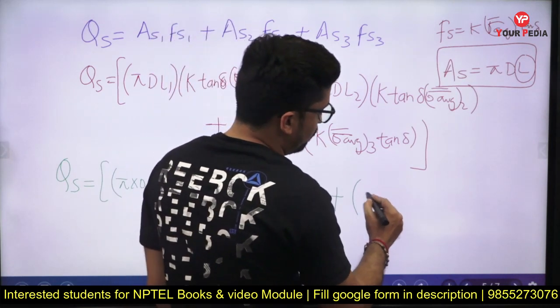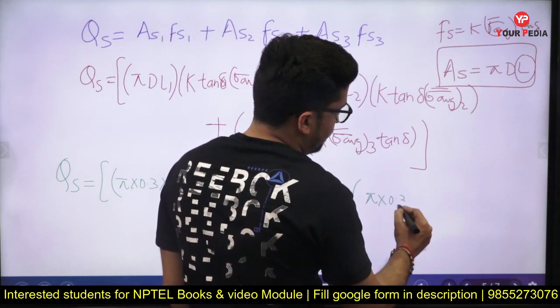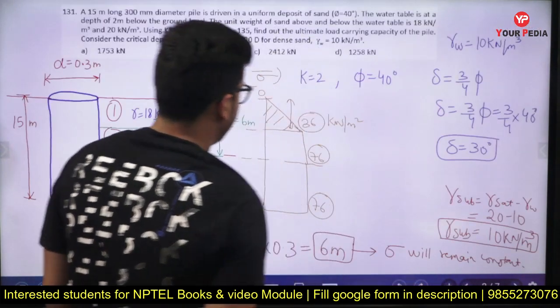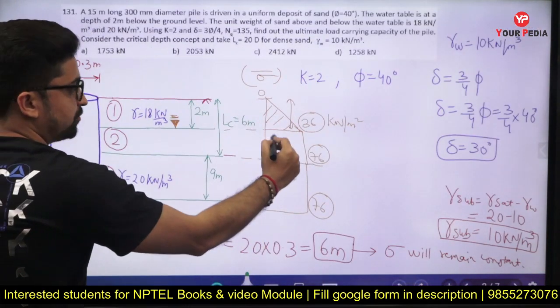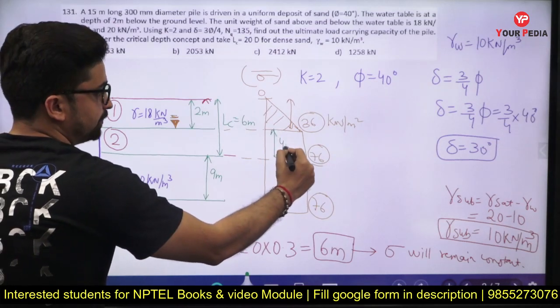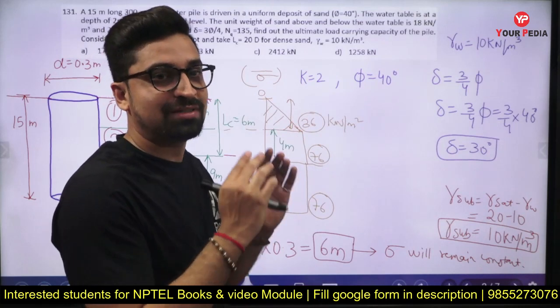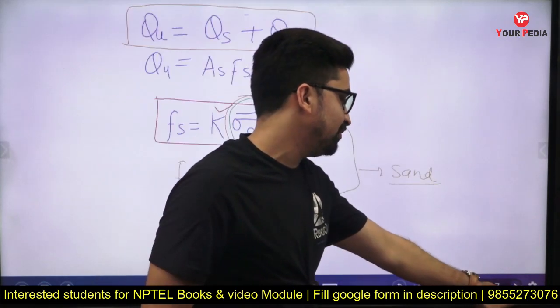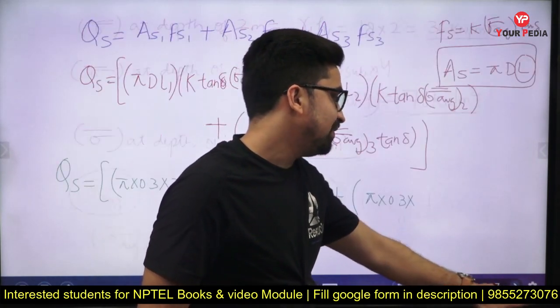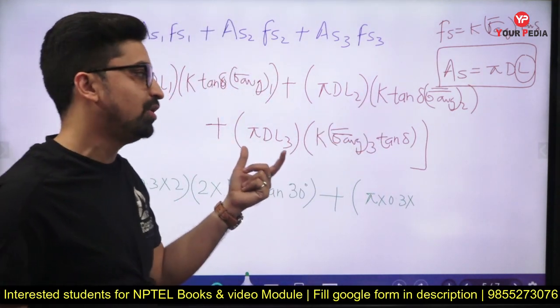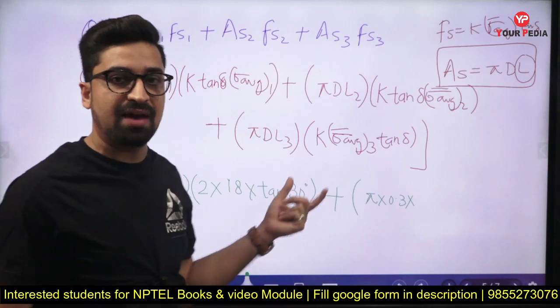So this will be equal to pi into 0.3, and the length of the region 2 was 4 meters. You need to remember the lengths only, because the major point in this formula where you can commit a mistake is in the length and sigma bar average, because these are the only two parameters which are changing in every region.